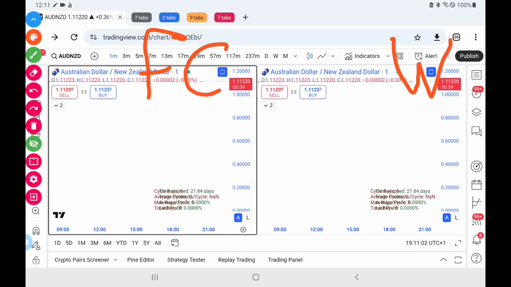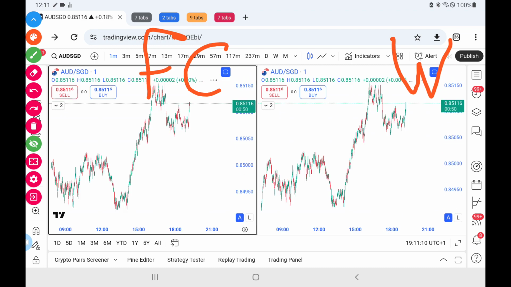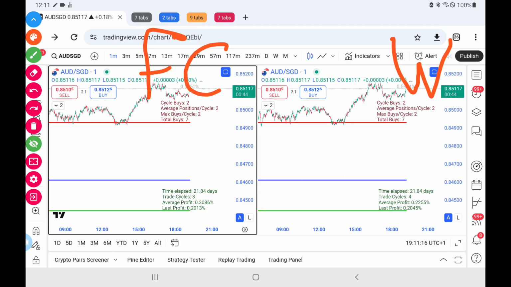Okay, we can see here, not too much on this one all the way around. We see a little bit of difference on this one in terms of the trade cycles, but the average profit shows a difference of 8 pips.